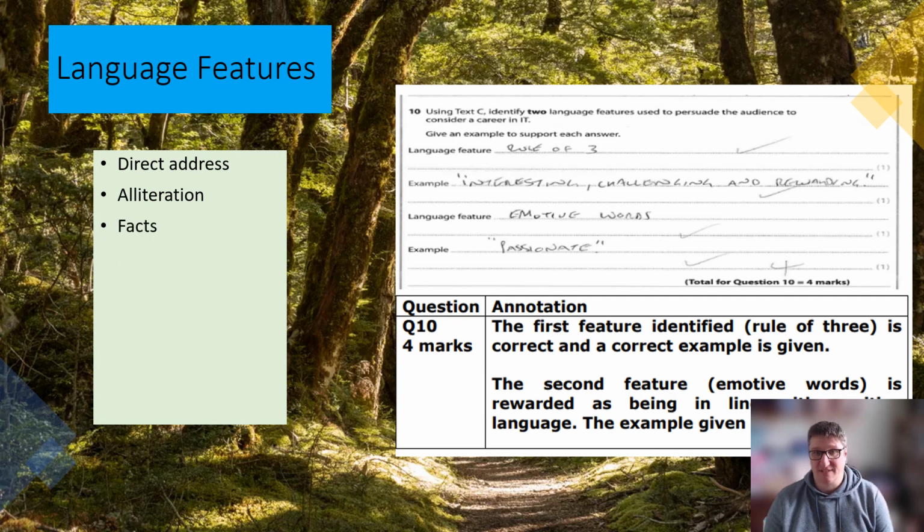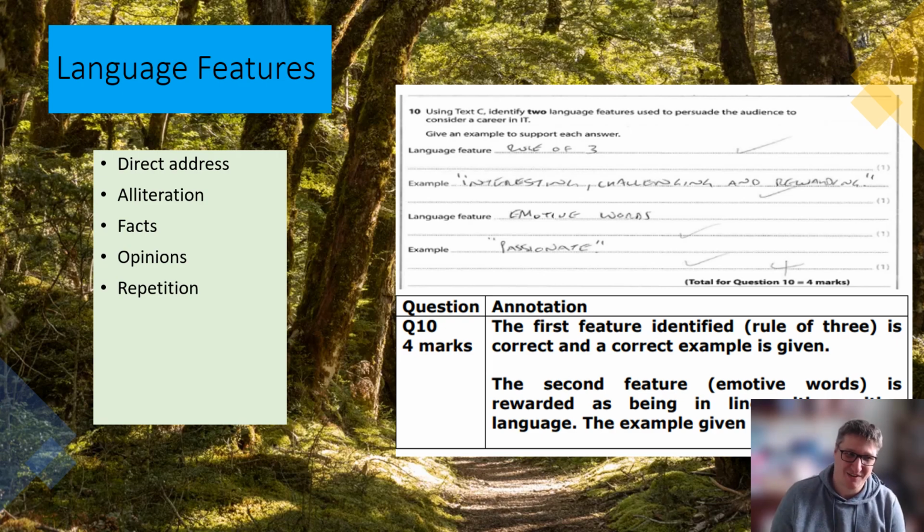The F of DA Forest is facts. So it comes as no shock to you that the O of DA Forest is opinions, which we've already talked about. Things that can be proven, things that people believe without evidence. Facts and opinions. The R of DA Forest, you notice I'm repeating DA Forest a lot, is repetition.